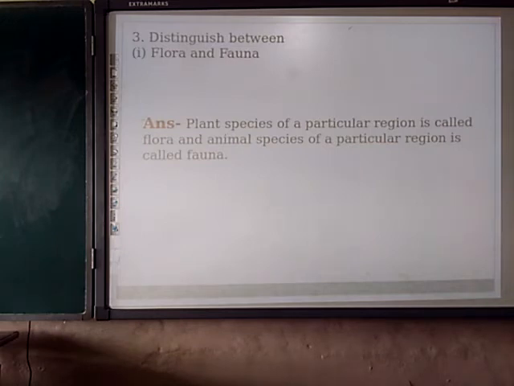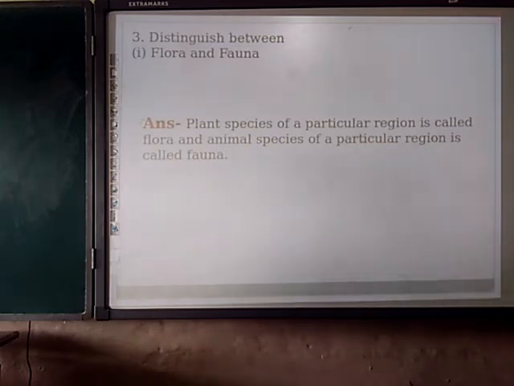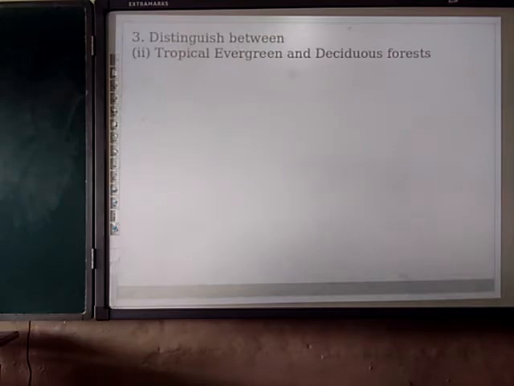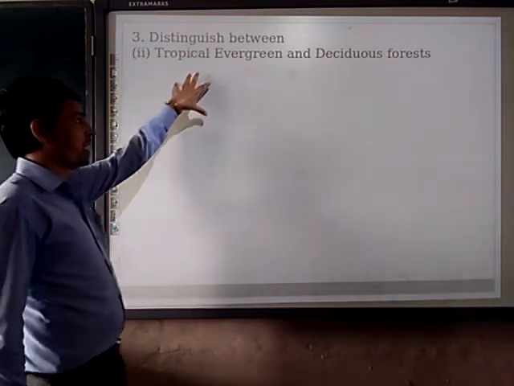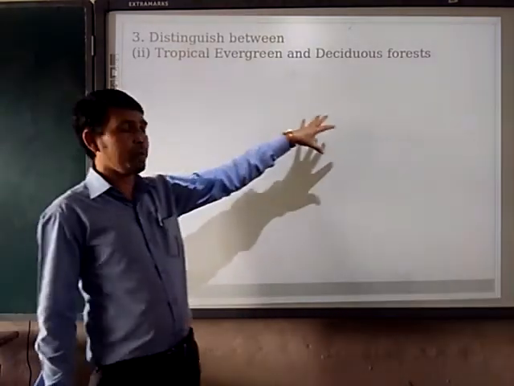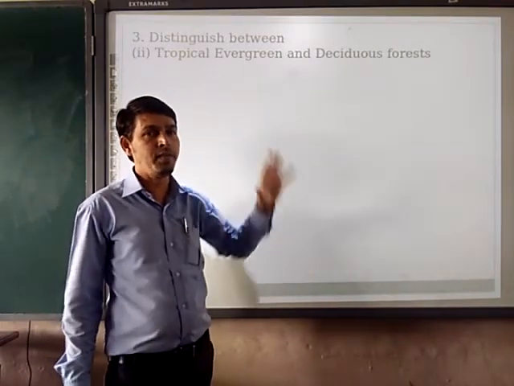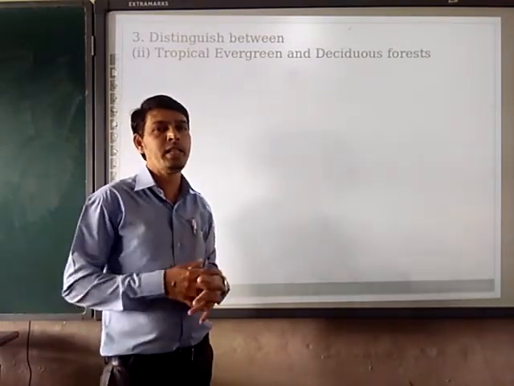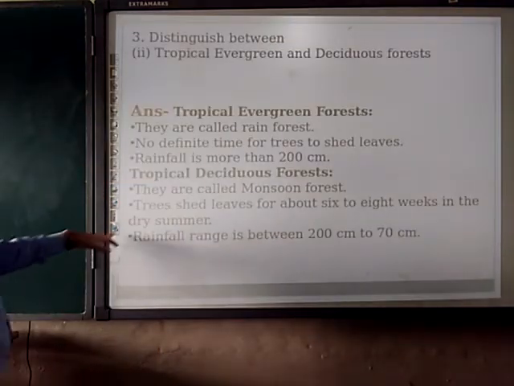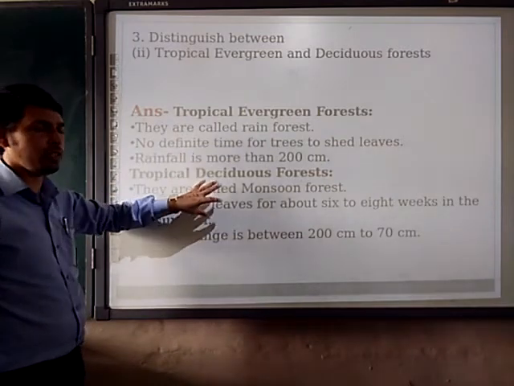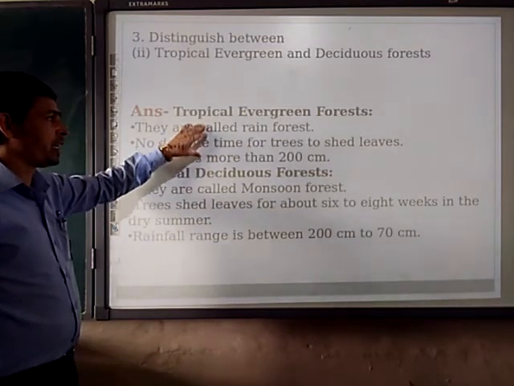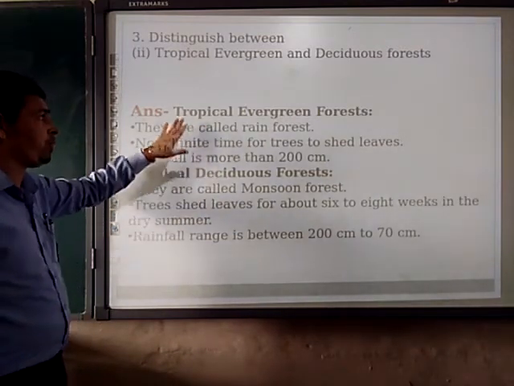After that, we are going to see how to distinguish between tropical evergreen and tropical deciduous forest. So tropical evergreen forest here, 1 point; tropical deciduous this side, 1 point. We had already discussed these 2 topics in our class. Read the topic and make the differentiation. So the differentiation is here; like that we will sort it out with small points. You can write 5 or 6 points for each one.